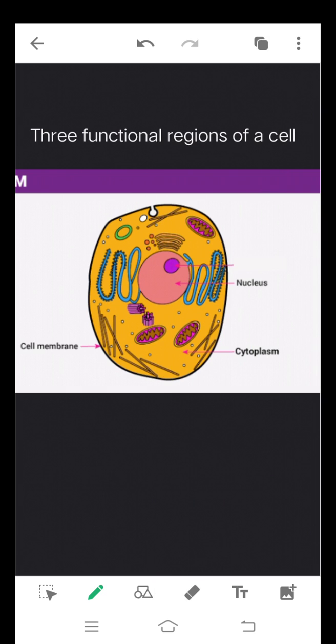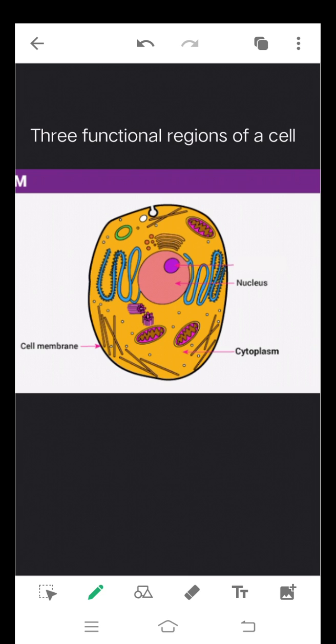So whether it is an animal cell, a plant cell, a unicellular organism cell or a multicellular organism cell, there are always three functional regions present in a cell. There are three parts of the cell which are always found in every cell, whether it is plant, animal, insect, microbe, whatever it is.